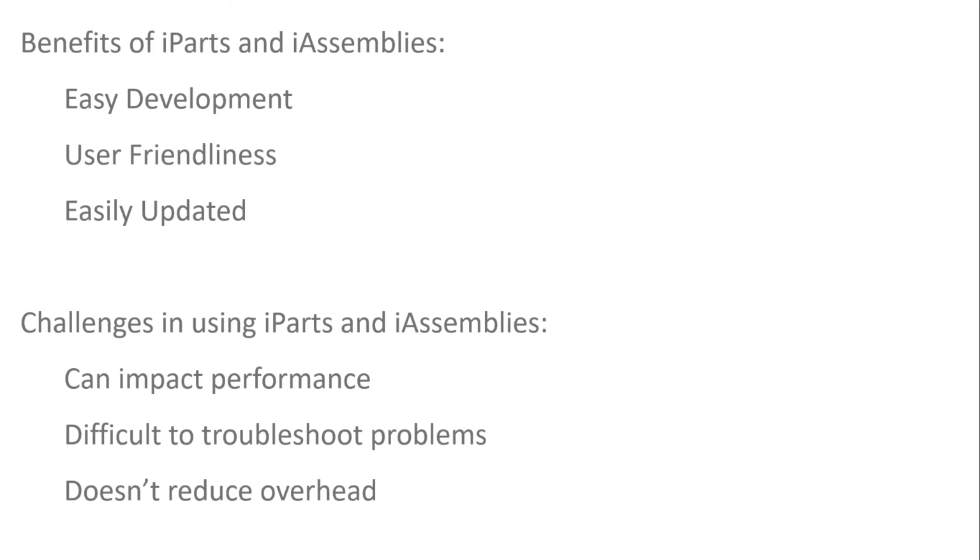I've even seen instances where it takes up to a half hour just to make that simple change for Inventor to recalculate everything in terms of updating graphics and rebuilding different constraints involved with that assembly. So if you do go overboard when using iAssemblies and iParts, it can definitely impact performance.